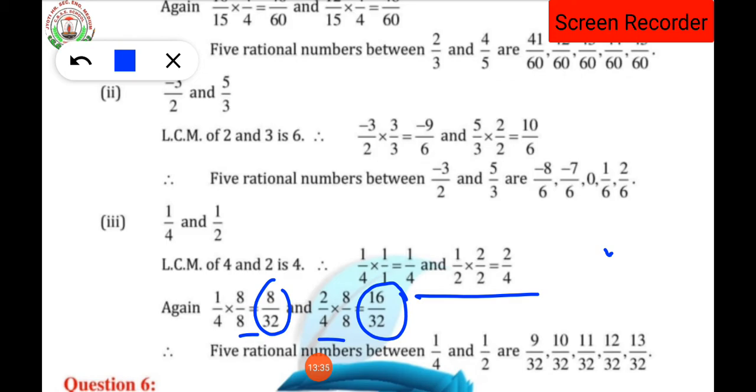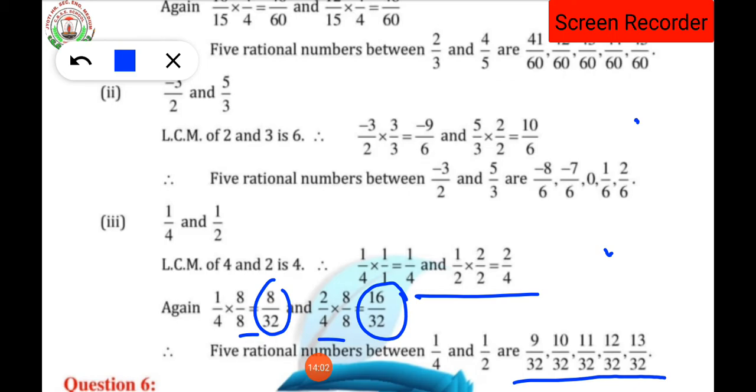Okay. Now between 8 upon 32 and 16 upon 32, which rational numbers will there be? That is 9 upon 32, 10 upon 32, 11 upon 32, 12 upon 32, 13 upon 32. Since 5 are asked, we are going to stop at 13 upon 32. If more than 5 were asked, then we could take 14 upon 32, 15 upon 32.